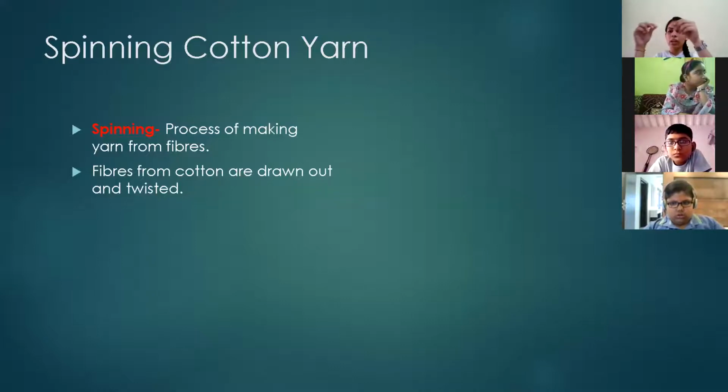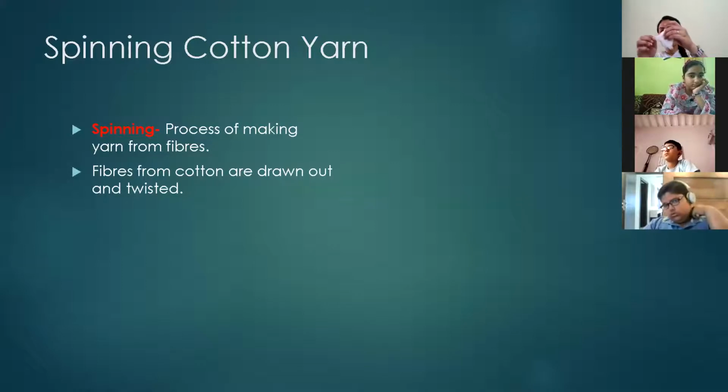You have to just pull and twist, pull and twist. You have to take care that the cotton does not break, otherwise you will not be able to make a yarn. Do not pull it too hard, or it will break.